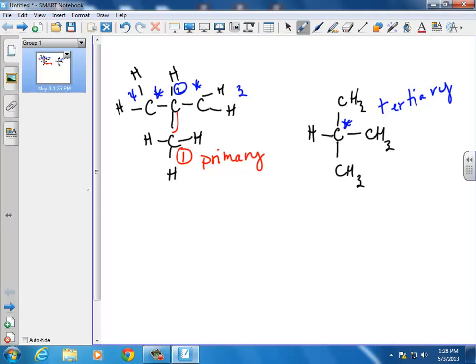Okay, so let's look and see what happens when maybe you put a chlorine or a bromine or some type of halogen on a structure. Okay, so I'm going to start drawing these structural formulas and also a bond line. So we'll draw both versions.